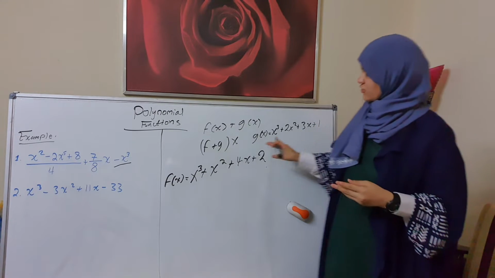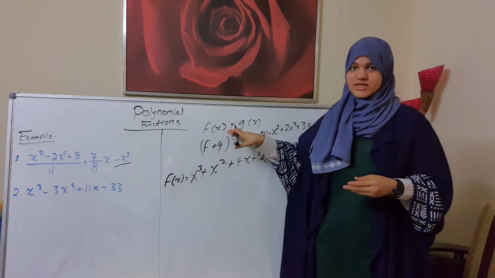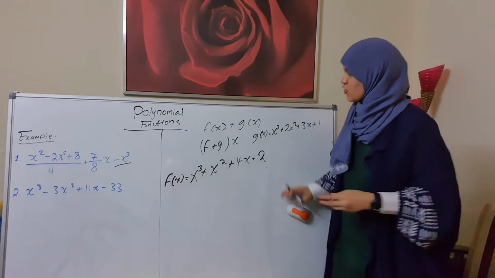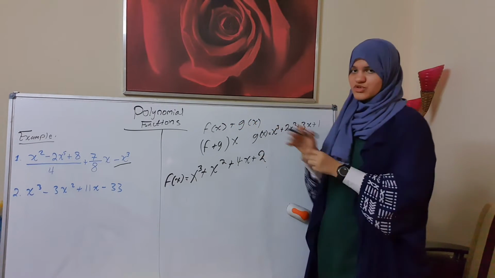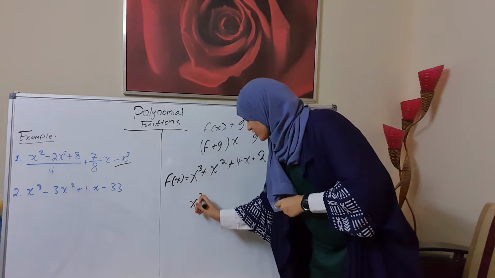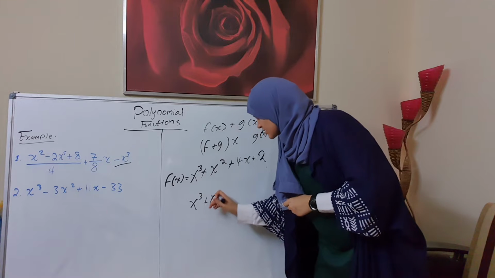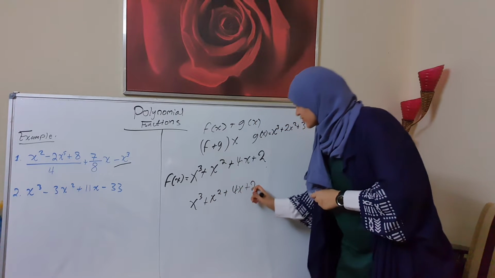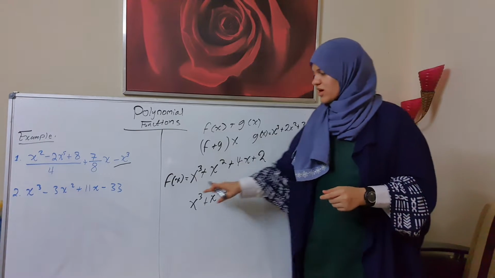Now we will use this theorem, which is f of x plus g of x, right? So that means we will add all of them together. So here we have x to the power of 3 plus x to the power of 2 plus 4x plus 2. This is for f of x.